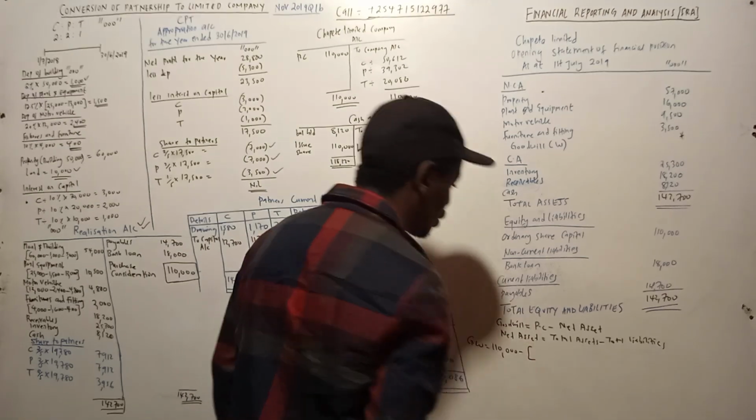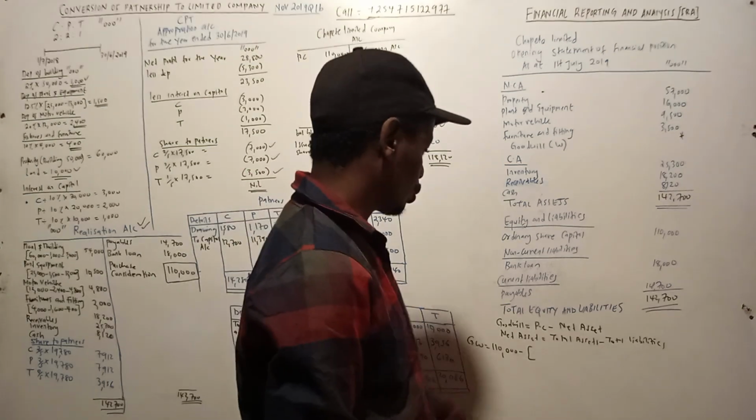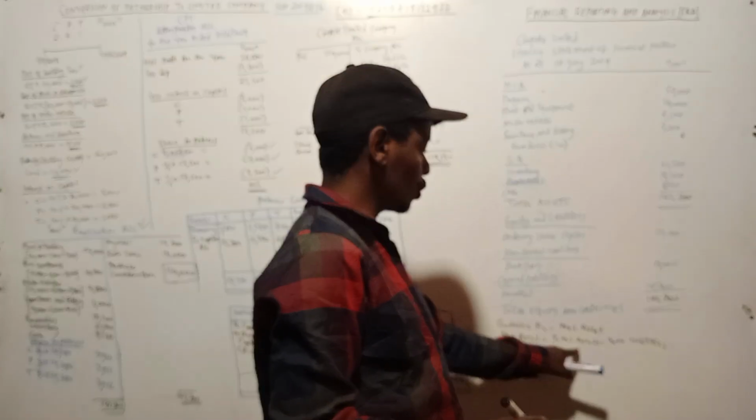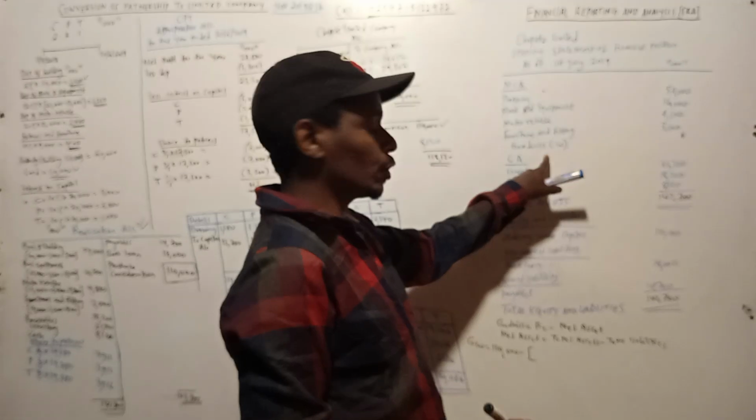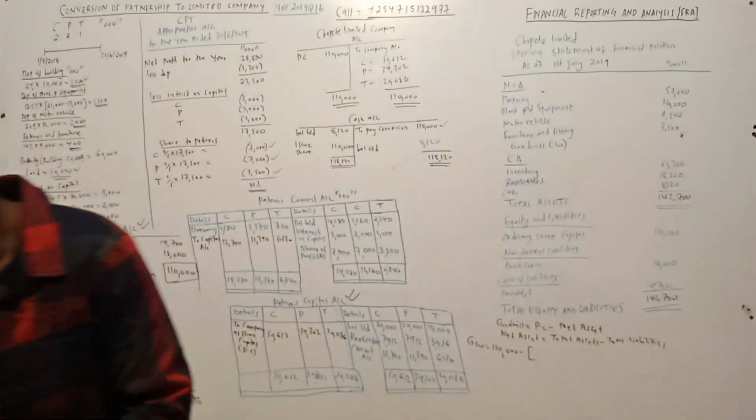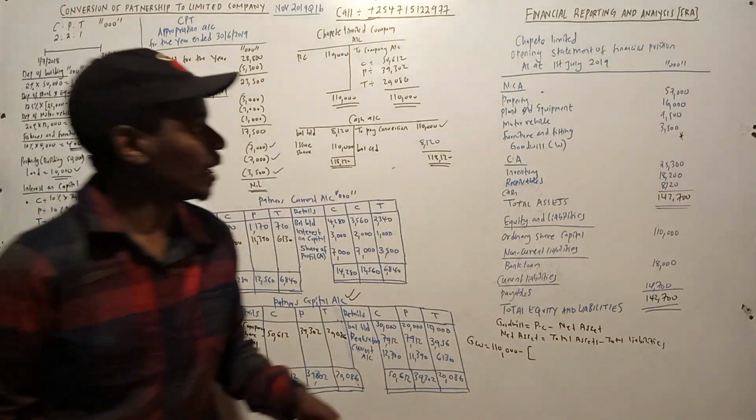Now we are supposed to less total assets. Goodwill not included. Remember, goodwill not included. So you need to add them together.